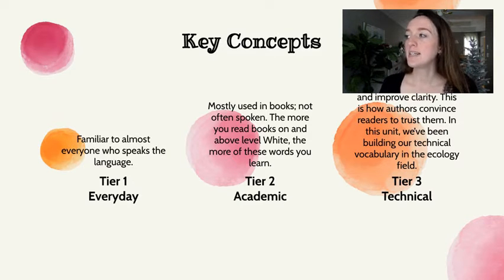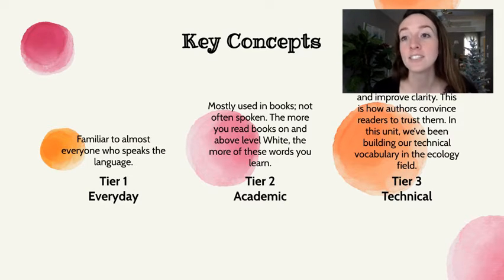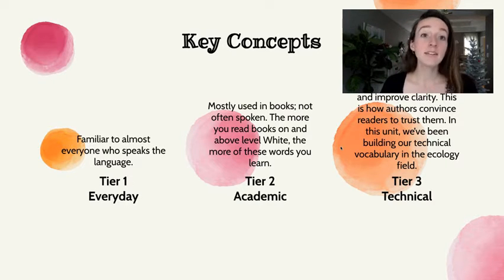Authors use these words to demonstrate expertise, to prove that they know what they're talking about, and to improve clarity, because sometimes these words really show the difference between tiny little details that are important to understand that topic. And they also convince readers to trust that author. So you are going to need to use technical vocabulary terms so that we believe what you're saying about your ecosystem.